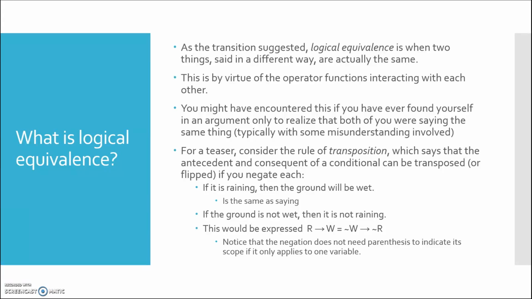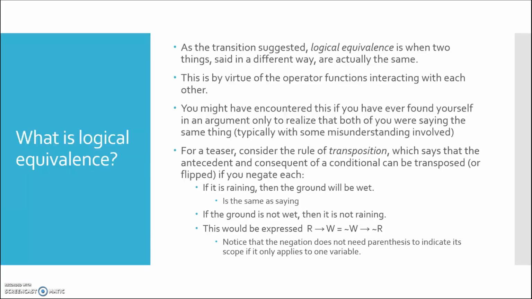Consider this for a teaser, because we're going to get into the rules of logical equivalence. There are certain rules that govern this feature. How about transposition, which says that the antecedent and consequent of a conditional can be transposed or flipped if you negate each.